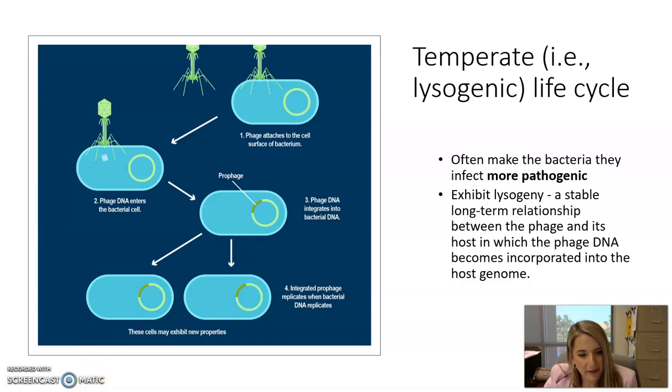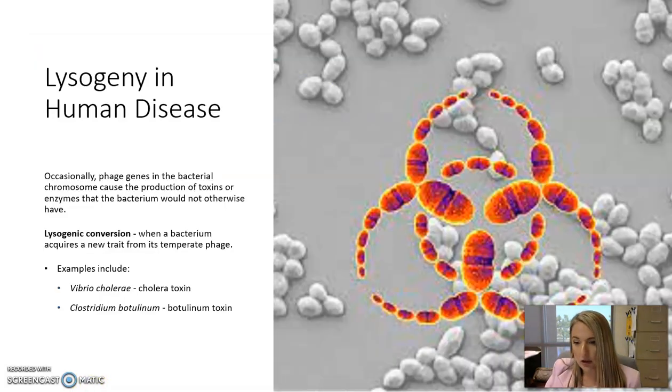So when that happens, and the bacteria learn how to do something new, that is called lysogenic conversion. So when a bacterium acquires a new trait, such as the ability to produce a toxin or become resistant to an antibiotic, when it develops this ability to do something new after becoming infected with the bacteriophage, that is called lysogenic conversion.